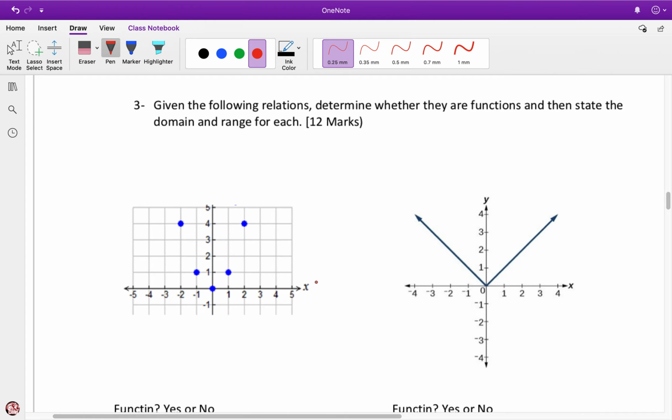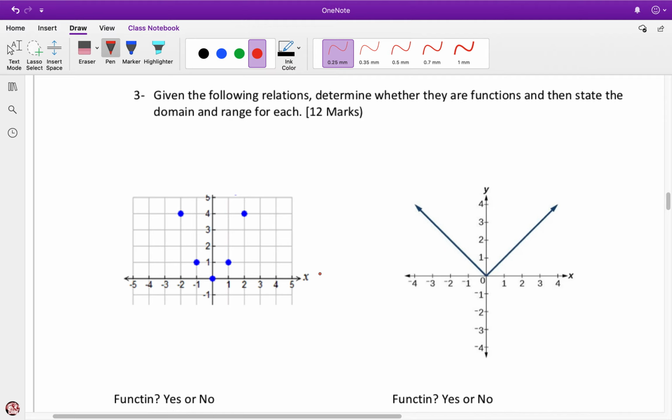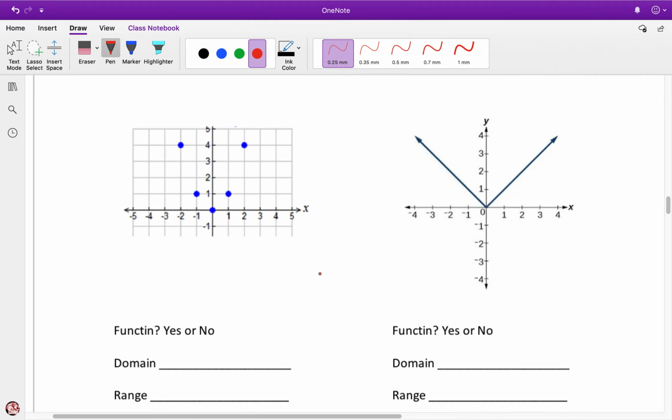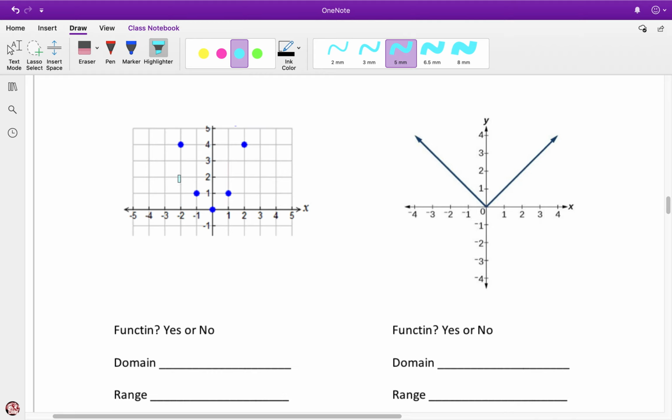So this one here, I have to determine if it's a function or non-function, and then list the domain and range. Well, I know that for every function, for every input there's one output, so I can go to the x's here and just make sure there's one dot on each x, which there is. So that is a function.